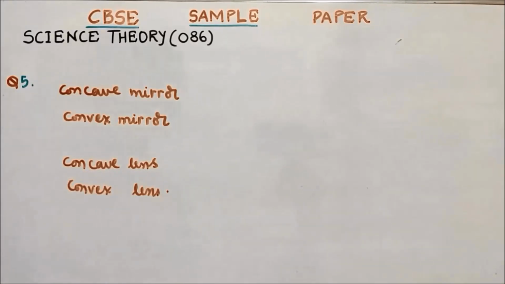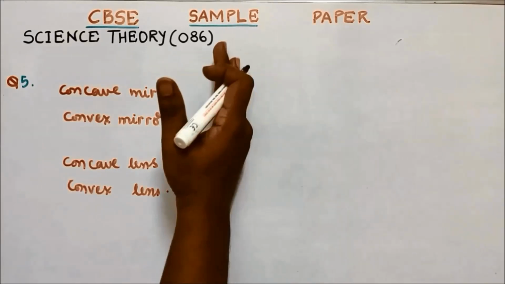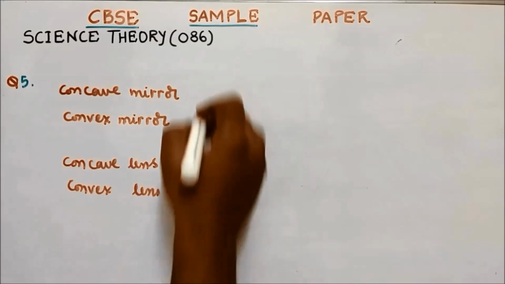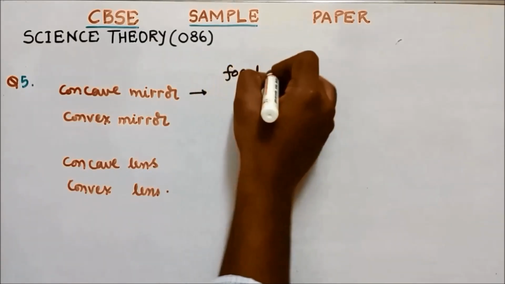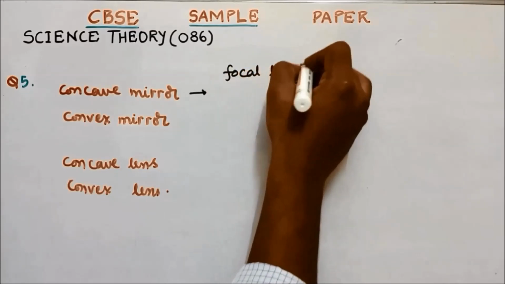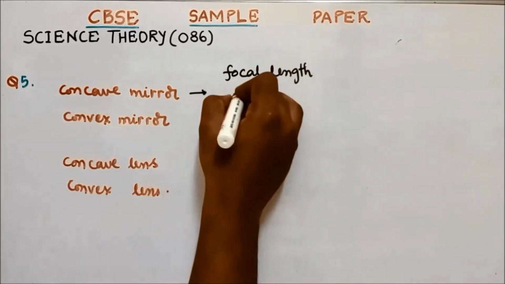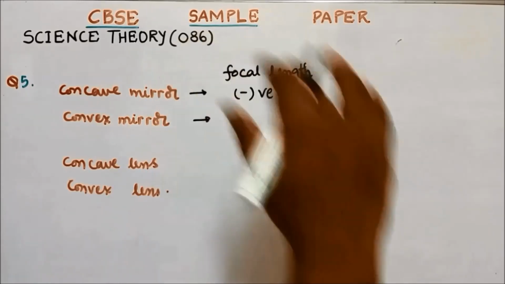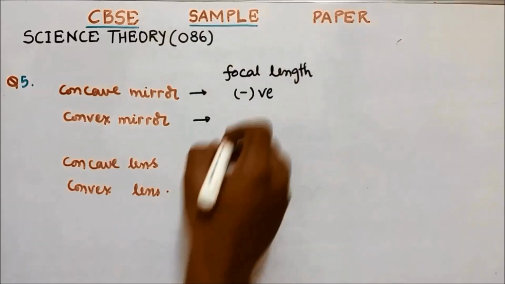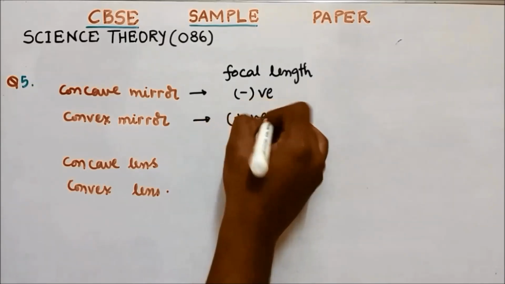For a concave mirror, the focus is on the left side of the mirror. So the focal length for a concave mirror will be negative. For a convex mirror, the focal length lies on the right side of the mirror, that is positive.